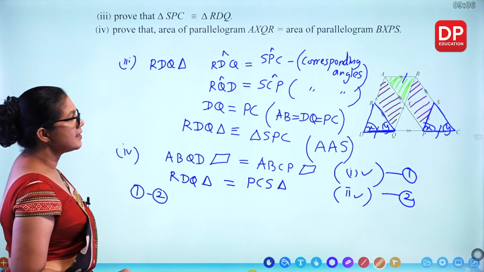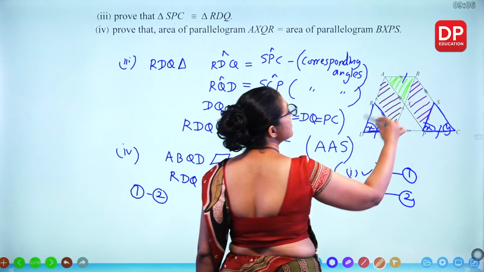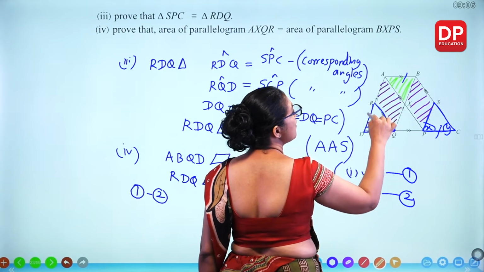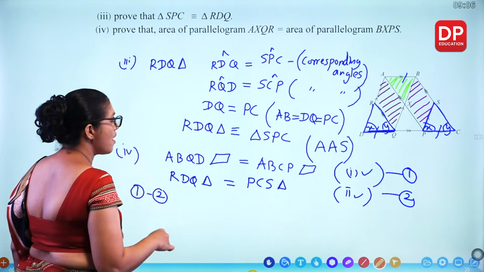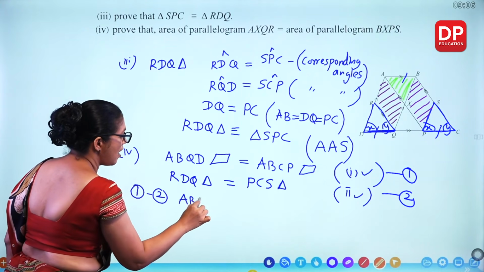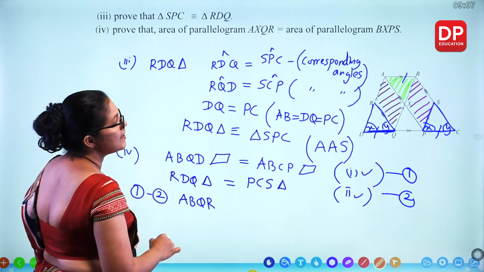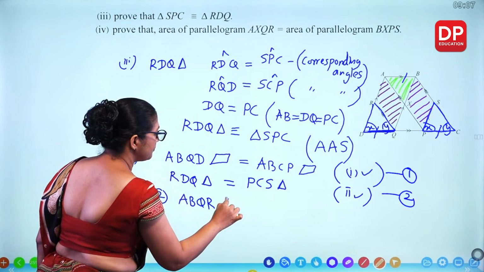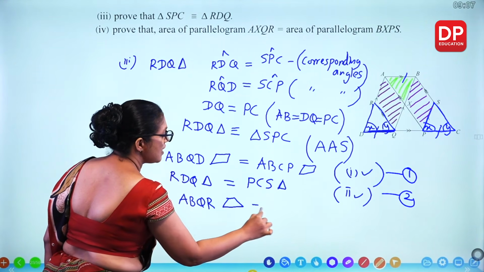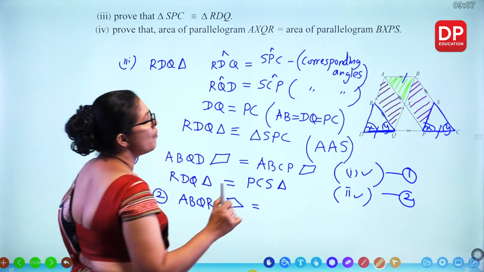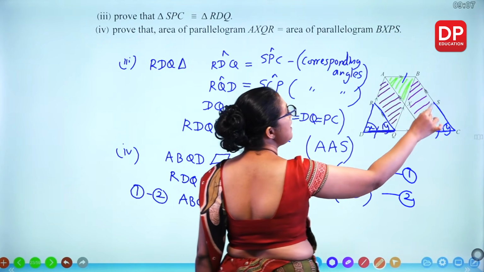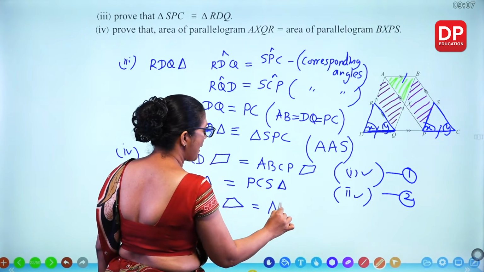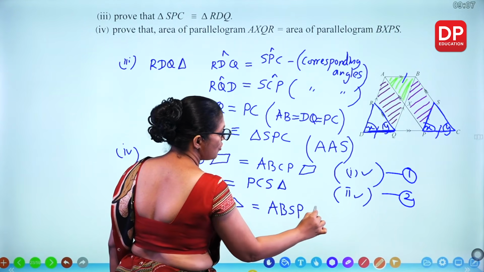When I subtract these two, I get trapezium ABQR is equal to, when I remove this part from this parallelogram, trapezium ABSP.